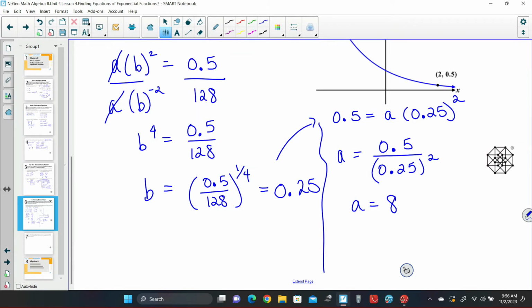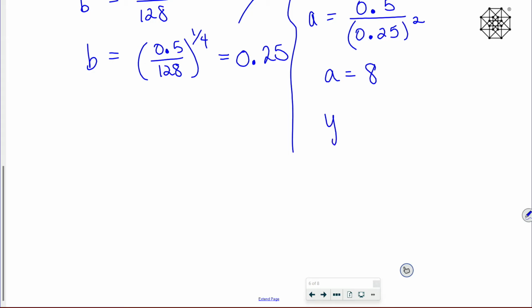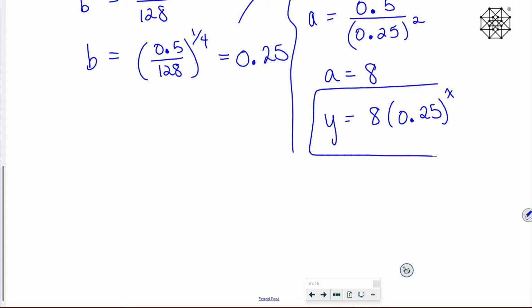A is equal to 8. So finally, we can now say that our final equation is y equals 8 times 0.25 to the x. And there we have it.